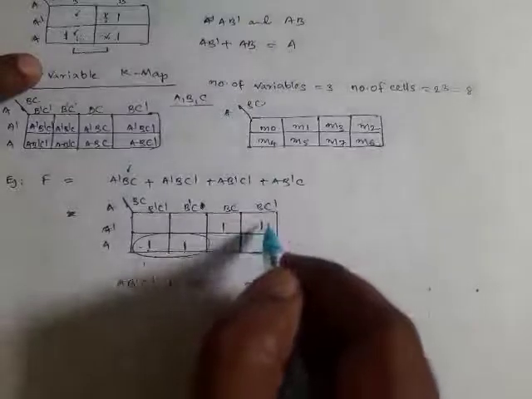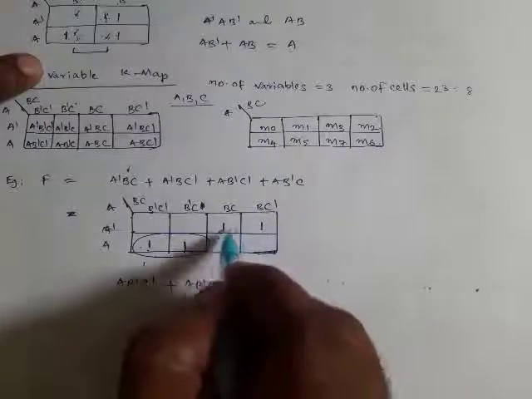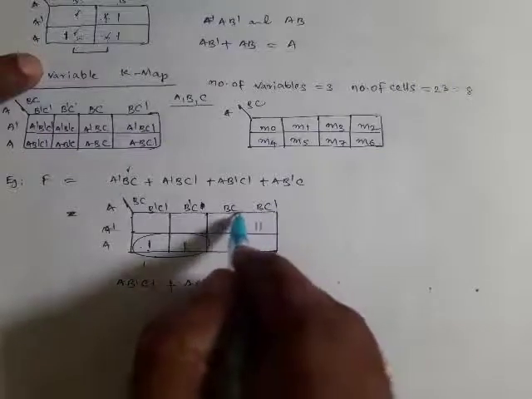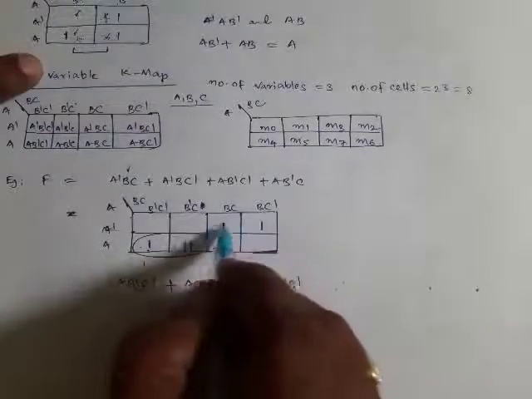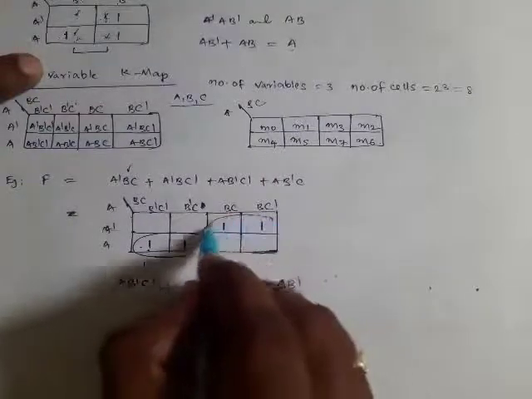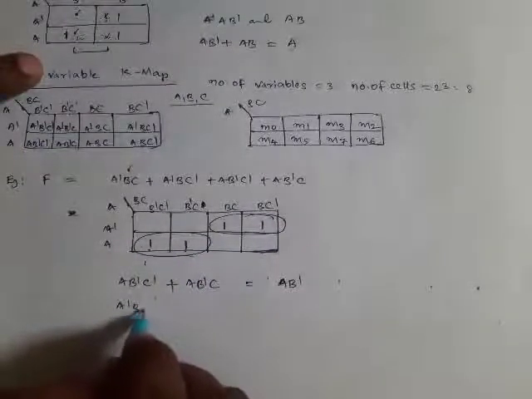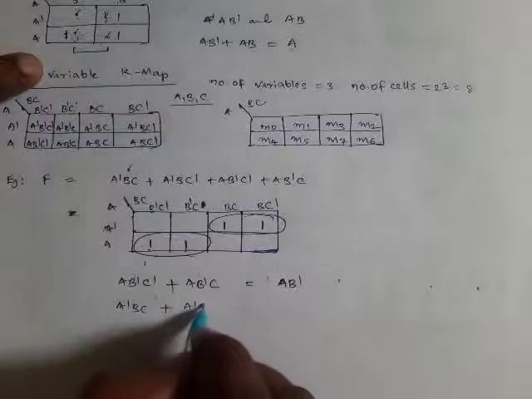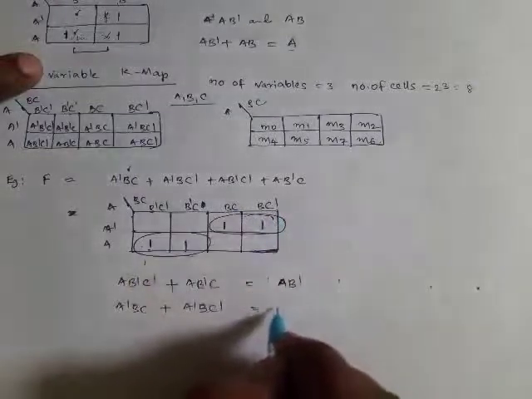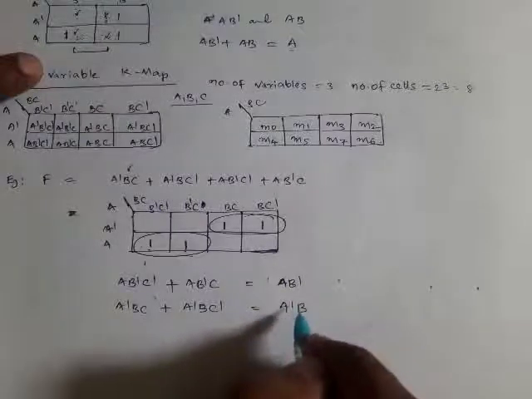If I observe the other cells containing ones, there is a one here and a one here, and they are adjacent because only one variable changes from this to this. A is the same, C is changing from C to C bar. So I can group these two minterms, which represent A bar B C plus A bar B C bar, and the variable changing between the cells is C, so it can be eliminated.